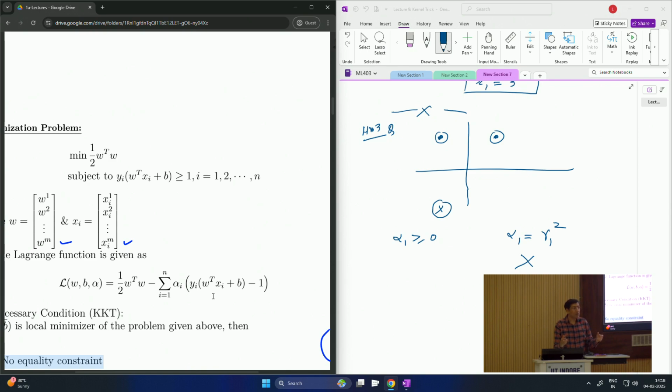Everybody agrees? Constraints are coming from the boundaries. If the point is not playing a role, it means that it is not on the boundary, it is somewhere away from the boundary. So where alpha is equal to 0, those are not your support vectors. Where alpha is non-zero, they become your support vectors.